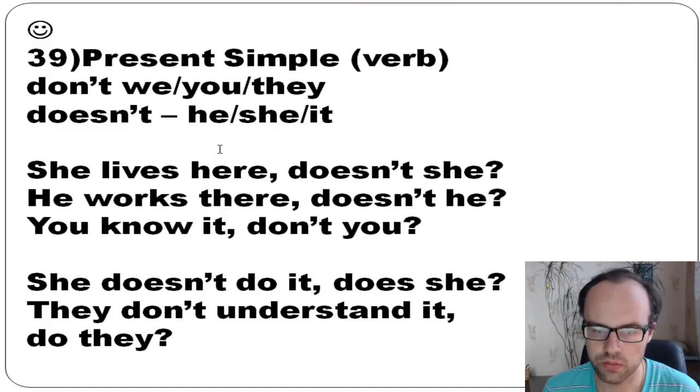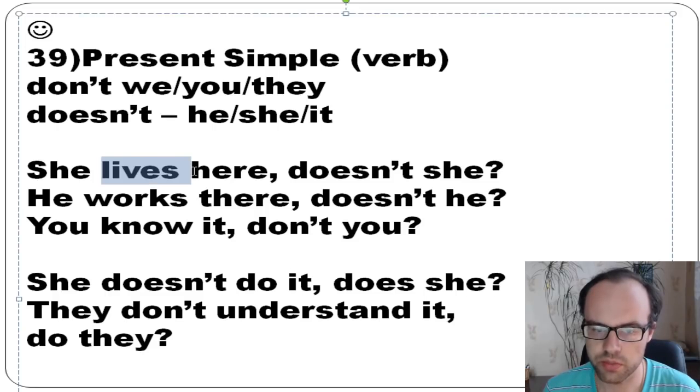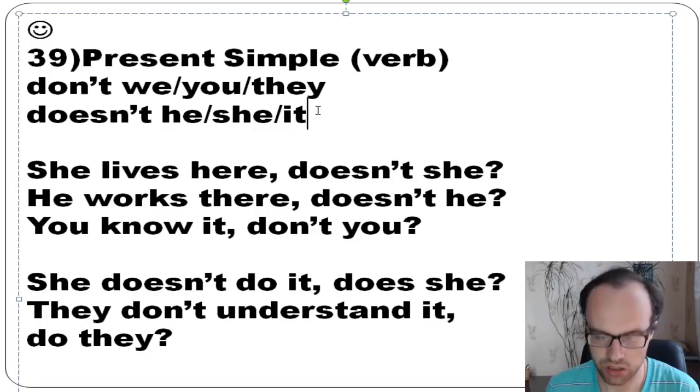She lives here. We see it's present simple, and we have a verb. So doesn't she? Doesn't he, doesn't she, doesn't it, and don't we, don't you, don't they, don't I. We use doesn't she with she. She lives here, doesn't she?